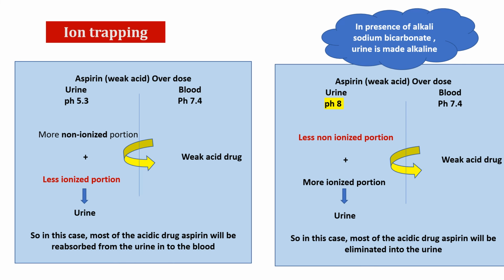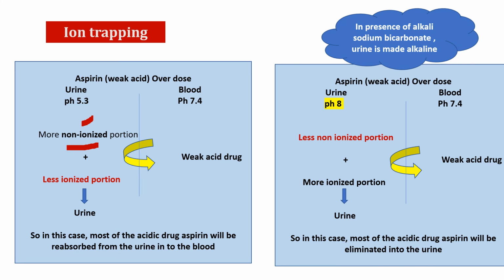Let's go with another example of aspirin toxicity and how ion trapping helps. Knowledge of ion trapping helps to reduce this aspirin toxicity. Aspirin is reabsorbed back into the blood, although you have excess drug in the body. This is because both the drug and the urine are acidic, and this facilitates the absorption process as discussed here. You can see the urine is acidic and aspirin is acidic, so there is more non-ionized portion of aspirin, and it will be absorbed into the blood.